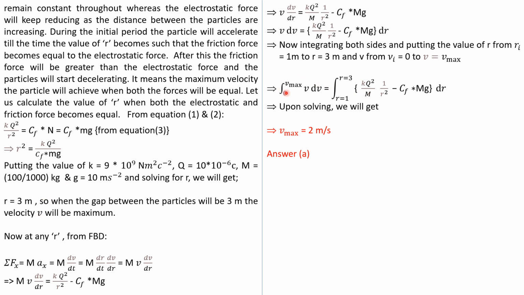So accordingly we will write V max over here. Upon solving and putting all the known values, we will get V max equal to 2 meter per second. This part I have left for the students to calculate. But you will get V max equal to 2 meter per second after solving it.